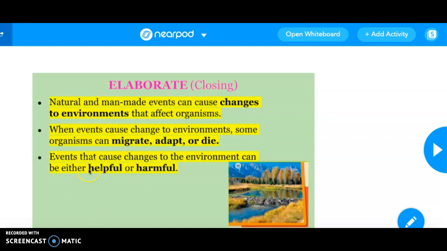bullet points here. The first one being that, yes, natural causes such as that earthquake getting rid of that bear's habitat can occur, but there are also things that humans can do, or man-made events that can cause changes to environments. Tristan brought this up. He said deforestation.